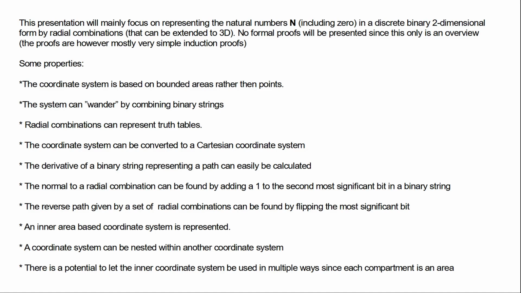The derivative of a binary string representing a path can easily be calculated. The normal to a radial combination can be found by adding a 1 to the second most significant bit in a binary string. The reverse path given by a set of radial combinations can be found by flipping the most significant bit.